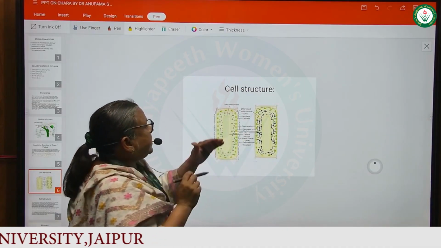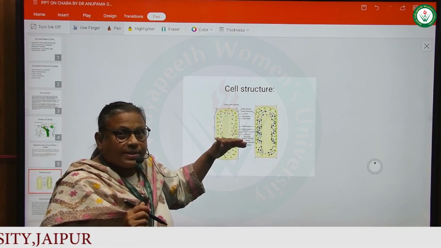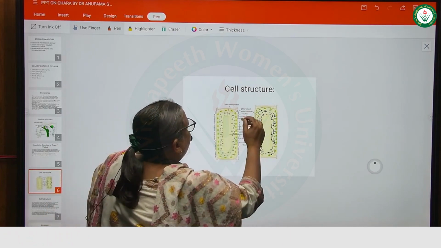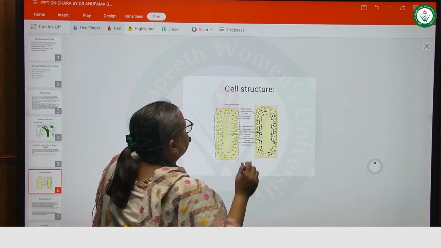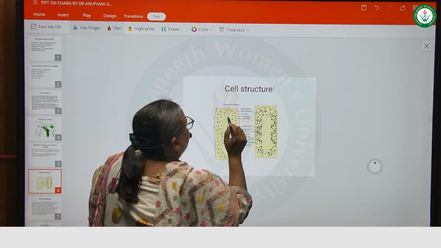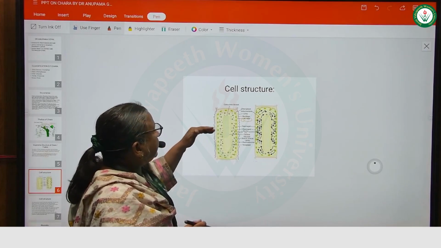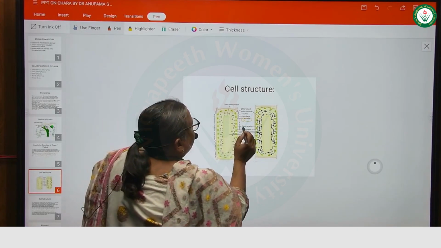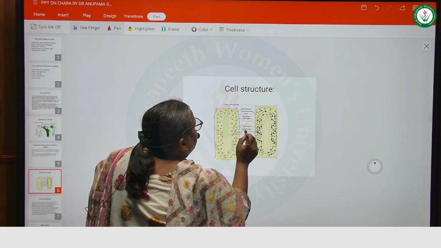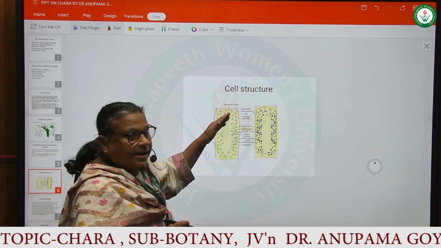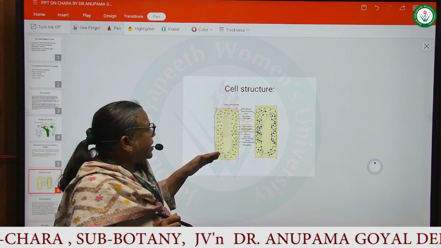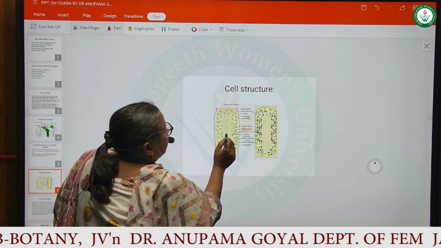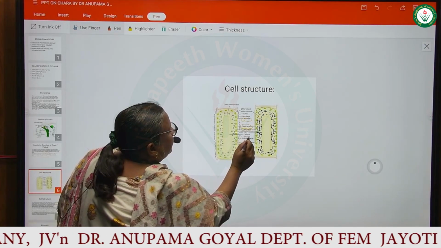In this diagram of the cell structure, the outermost layer is the cell wall, and inside this there is the cytoplasm or protoplasm, divided into plasmagel and plasmasol. A number of nuclei are scattered in the cytoplasm, and in the center you see the central vacuole.